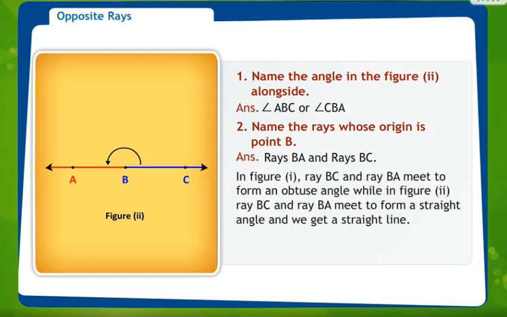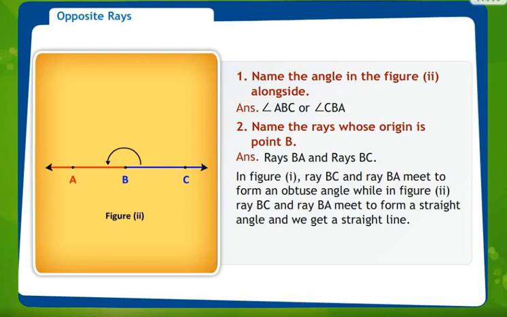Now in the earlier part, we had seen that BC and BA meet to form an obtuse angle. But here what you see is BC and BA meet to form a straight angle and we get a straight line.